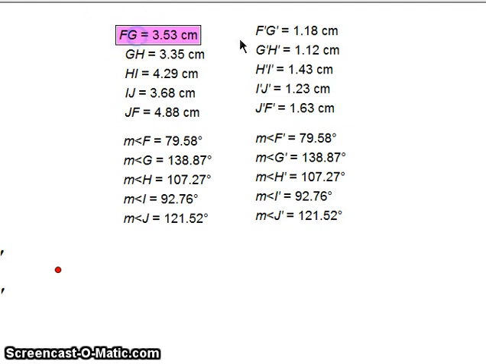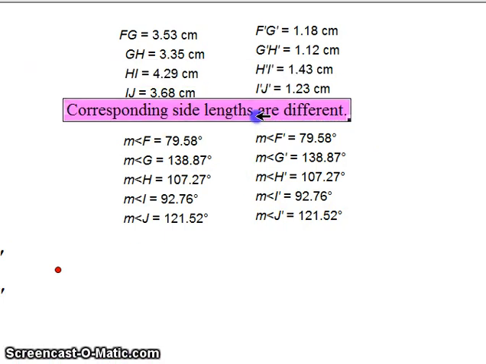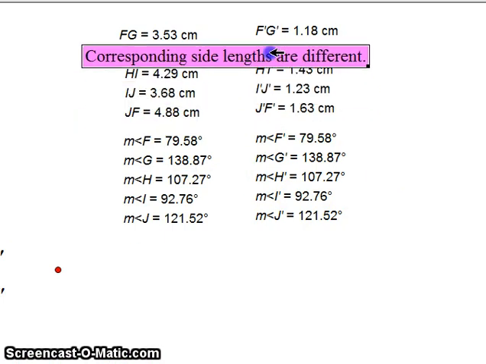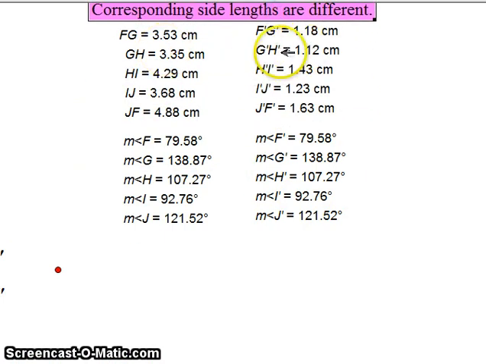Do you notice any relationship between the corresponding side lengths? Well, the corresponding side lengths are different. There doesn't seem to be any corresponding side lengths that are the same. So the corresponding side lengths are not congruent.